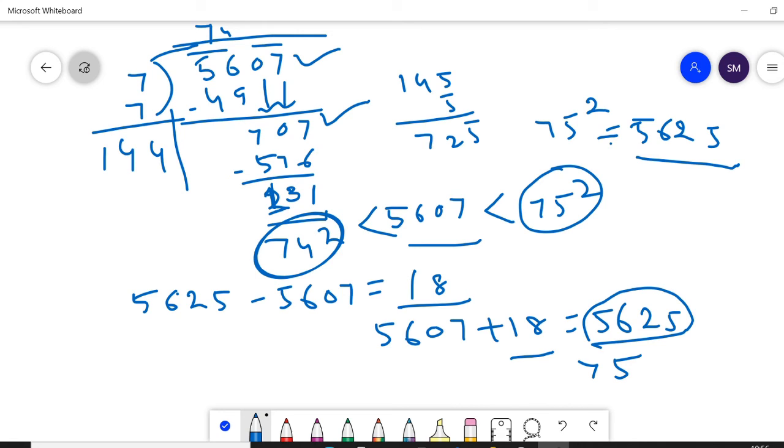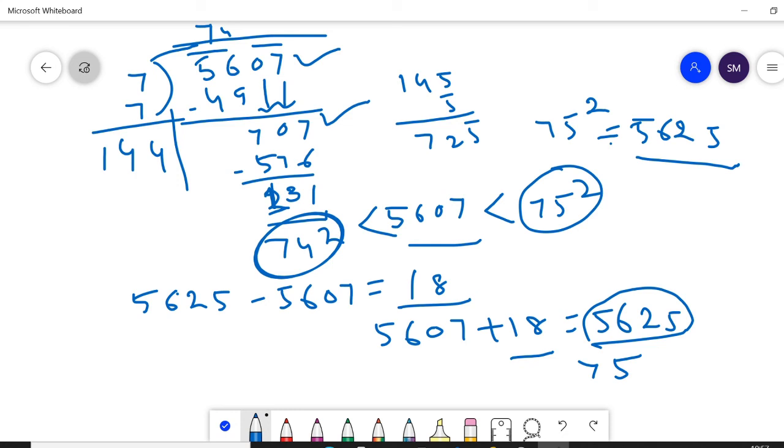When the question asks which least number should be subtracted to make it a perfect square, you just subtract the remainder and you get a perfect square. But in this question, it is asked to find the least number which should be added to make it a perfect square.